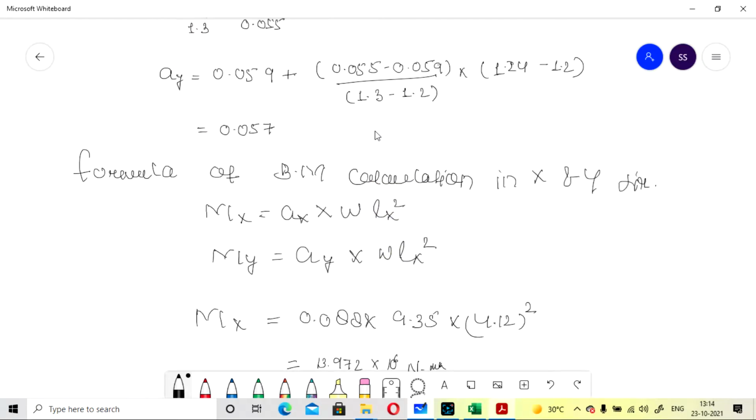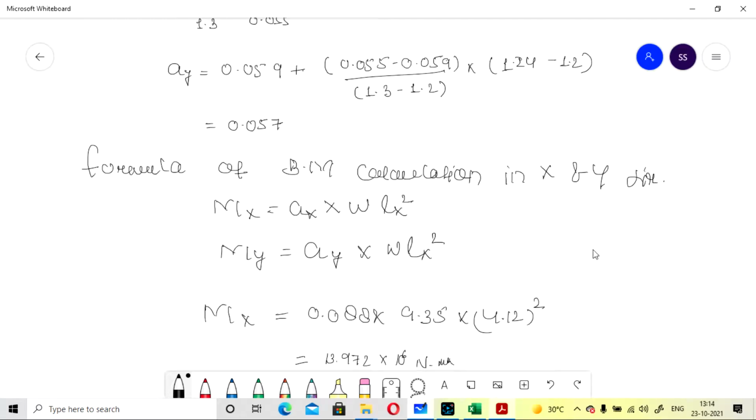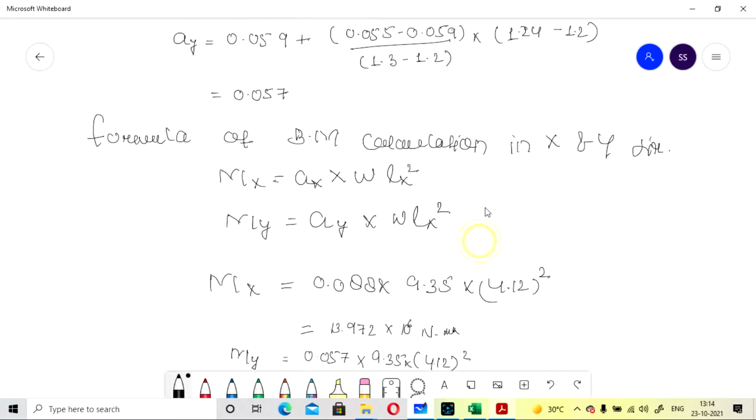The formula for bending moment calculation for a two-way slab is Mx equal to alpha x into w lx square, and My equal to alpha y into w lx square. We have to consider the shorter effective span only in this formula.